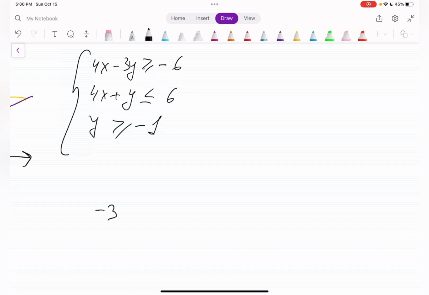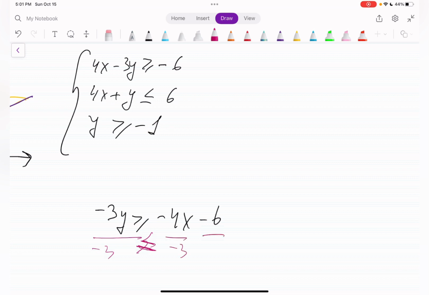-3y greater or equal to -4x minus 6. And we are dividing by -3. This flips the sign of the inequality.